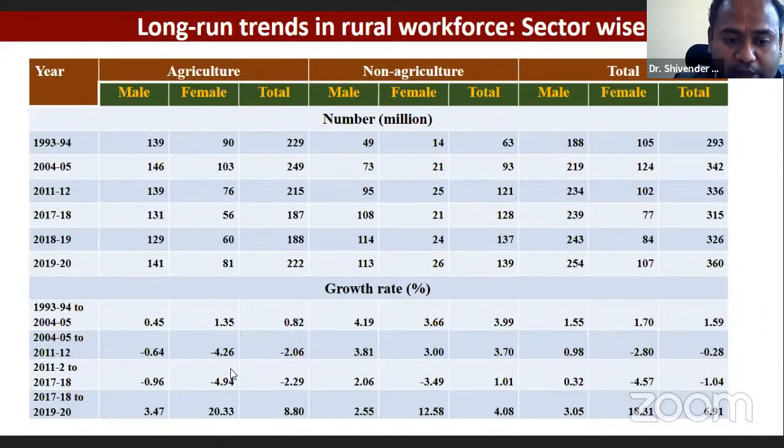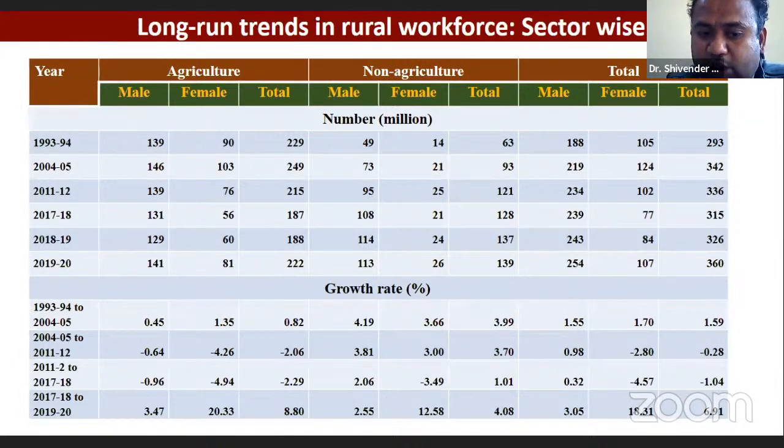So it is the female workers who are withdrawing from agriculture, and they are leading to the overall decline in the total rural workforce also, because the decline in the workforce is higher as compared to the increase in the non-agriculture households.